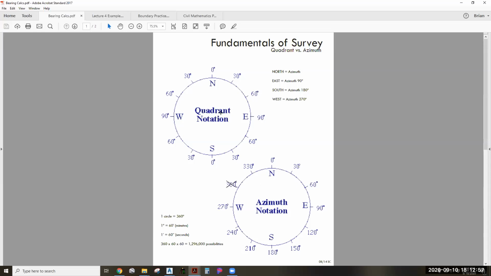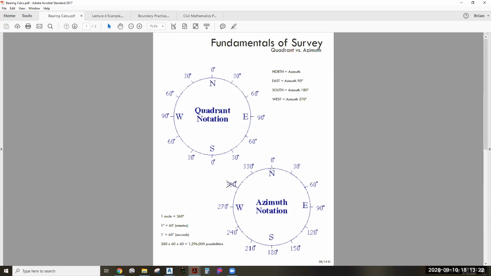Okay. Also on this handout, you see azimuth, okay? Azimuth uses the same compass, okay? North is up, south is down, east is to the right, west is to the left, always the same, okay? But what azimuth talks about is that the angle is in relation always to north, okay?